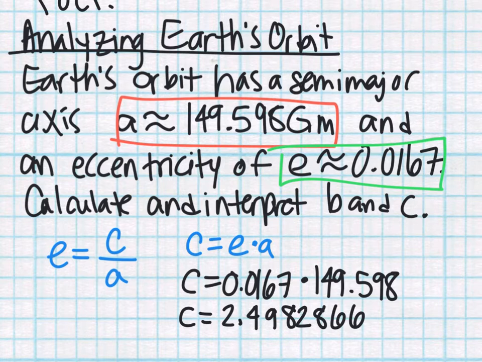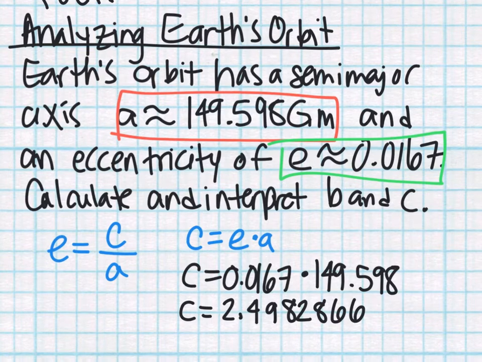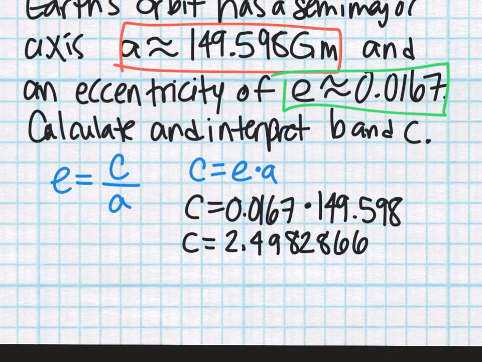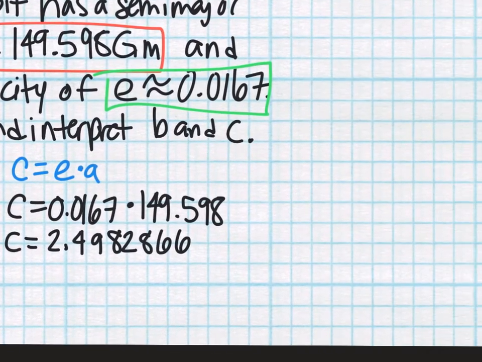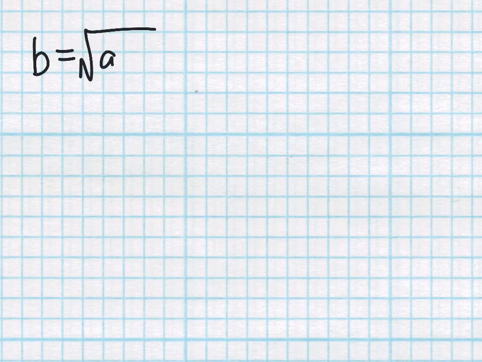Alright, so now that we have C, I know that I can use my Pythagorean relation, and I can pretty easily solve for B. I know that, slide this direction, B is going to be equal to the square root of a squared minus c squared. I just got this by rearranging and solving for b from our Pythagorean relation. So I now know a and c, so I can plug them in.